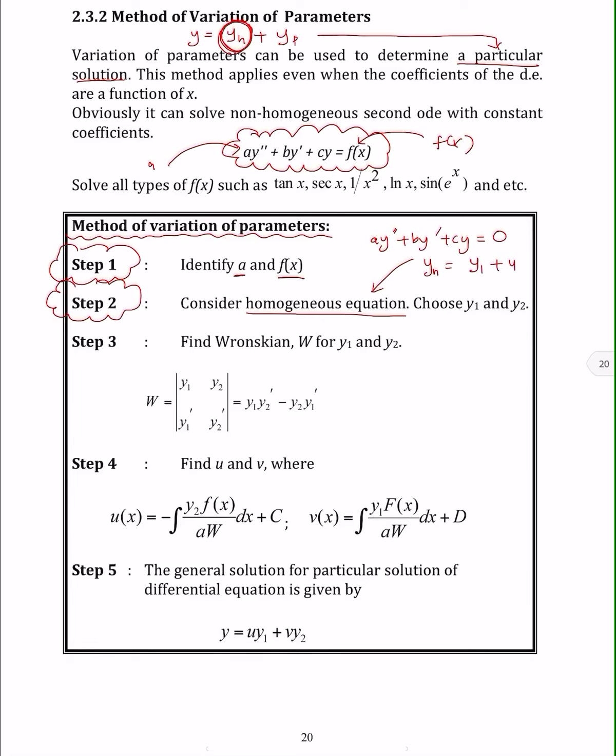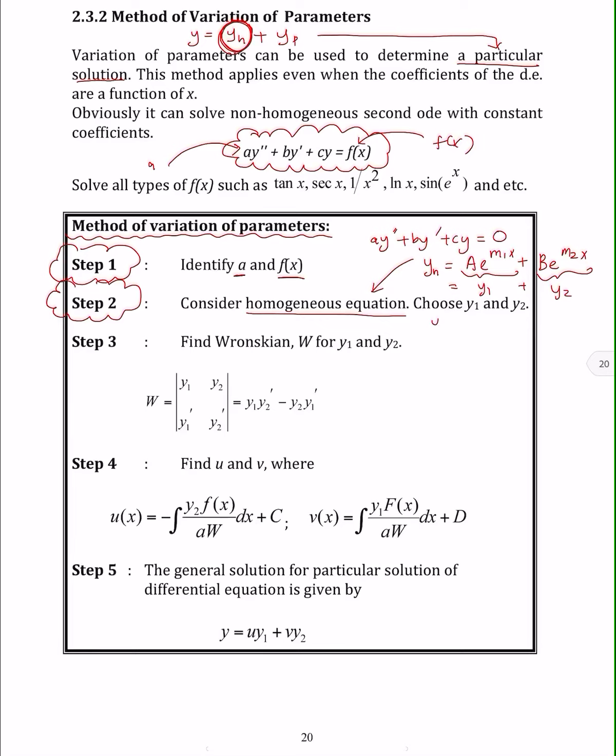yh is y1 plus y2. For example, if m1 is not equal to m2, we obtain a e^(m1 x) plus b e^(m2 x). This is the first term and this is the second term.